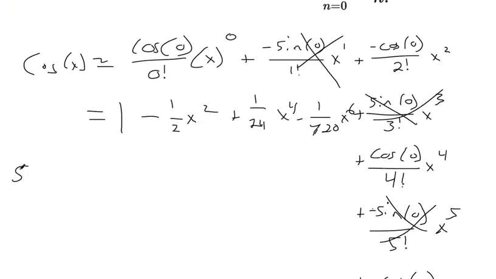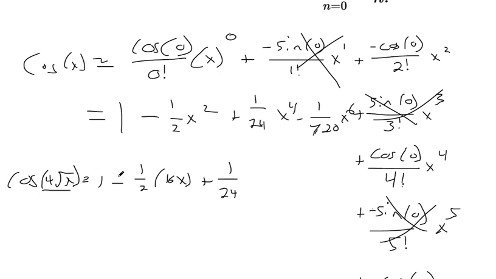So that means the Maclaurin series for cosine of 4 square roots of x is going to be 1 minus 1 over 2, this term squared. So that's going to be 16x. And then this is going to be 1 over 24 times this term to the fourth power.